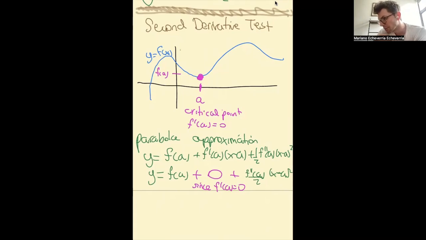So the equation of the approximating parabola here is just y equals f(A) plus f double prime of A over 2 times (x minus A) squared.